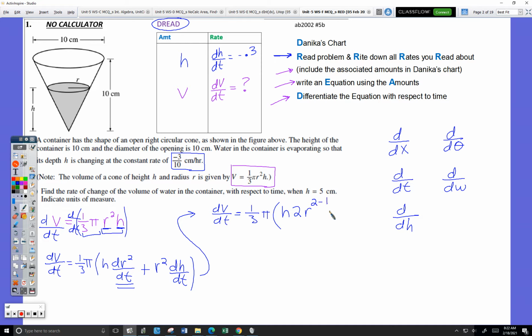Last part of the power rule would be dr over dt. And I'll have a plus, pause there. Anyone need to talk about getting to that point? That's all review. It's not new, although it seems kind of new because we're using a lot of new symbols, but the rules haven't changed. Questions?